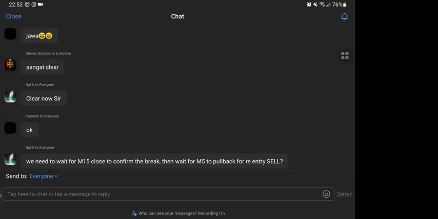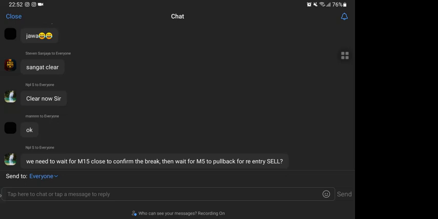Betul sebab sebelum ni kita jom cari setup buy. And then nak tunggu ke zone tu macam lama. And then kita biarkan je sell tu berlalu kan. Sebab kita takut nak masuk, takut berlawanan arah. Sedangkan benda tu nak berjalan ke area tu juga dalam bentuk sell. Two-way direction. Market bukannya dia lompat kan.